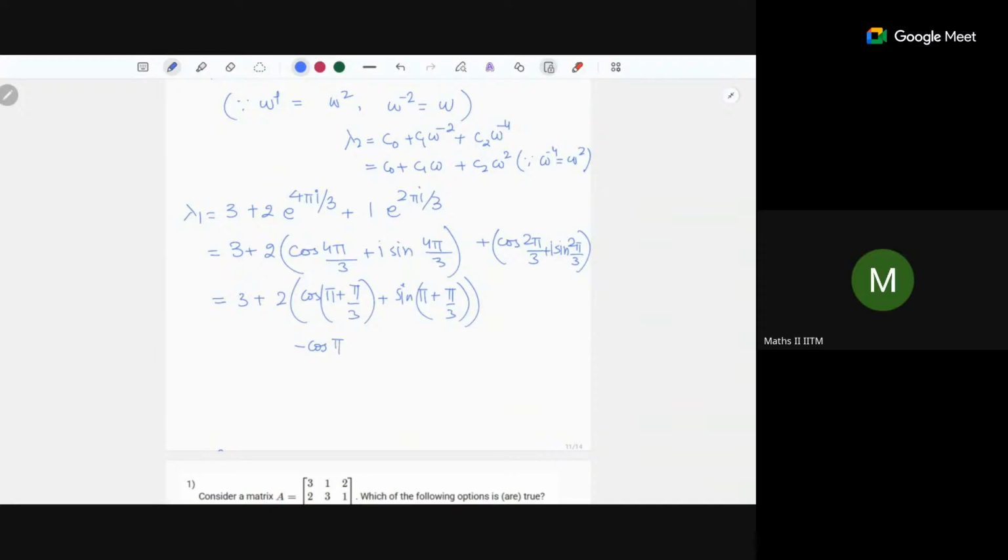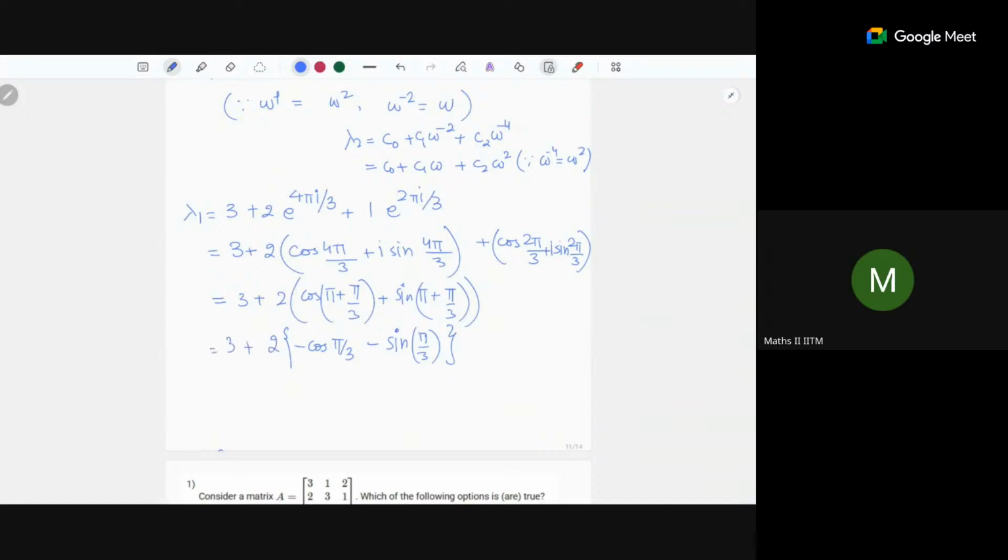And the sine will again be minus sine pi by 3, right? Yes, because it's in the third quadrant. Third quadrant is tan, and tan is positive in first and third. Cos is in first and fourth.